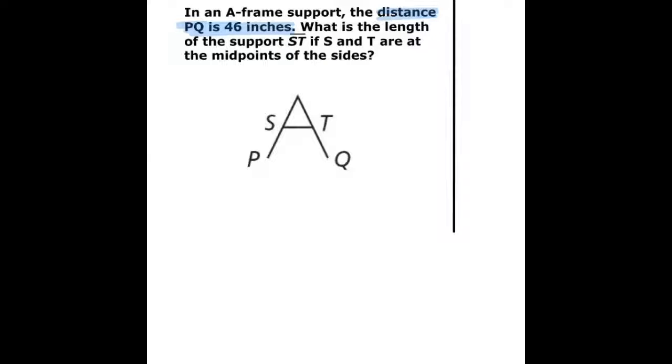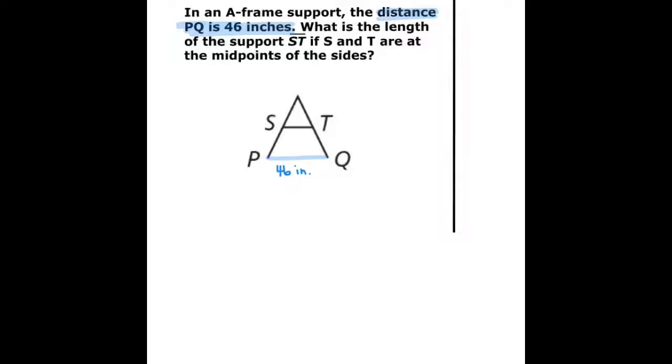Well, PQ is down here from P to Q, and it's not marked at all with a line. However, it's a distance, so we can fill it in with that little highlighted line and mark it 46 inches.